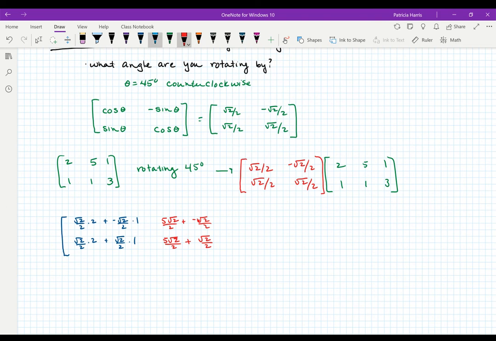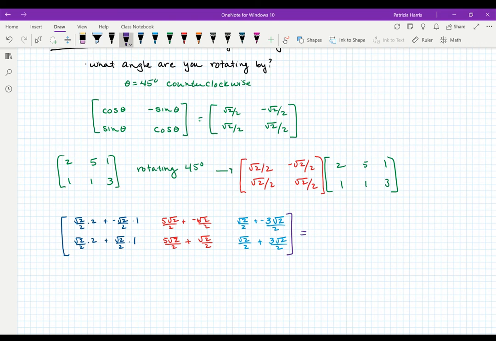Okay, and then here's my third column. All right, so there's my matrix.